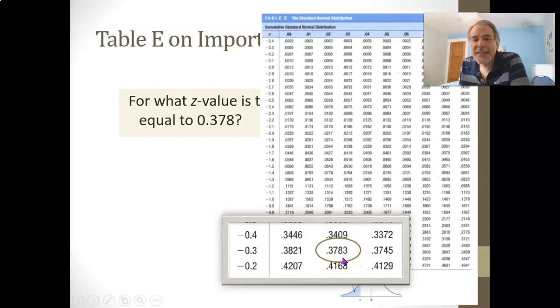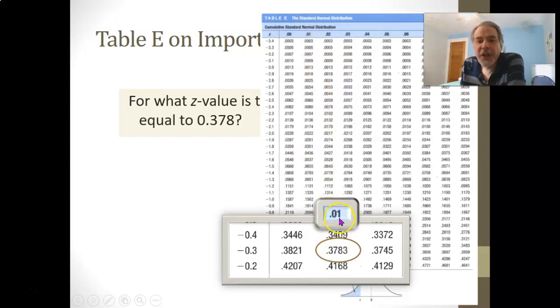I found as close as I could to 0.378 in this table where the areas are. Now, what is the z-score that goes with this? What is the z-score for this area? Well, looking over here, I see that the row that this is in is the row for where z starts with -0.3. And then it's in this second column, the one that has the 0.01 at the top.